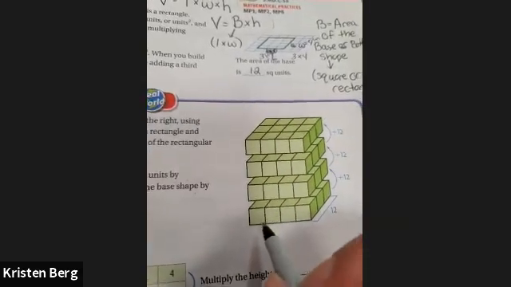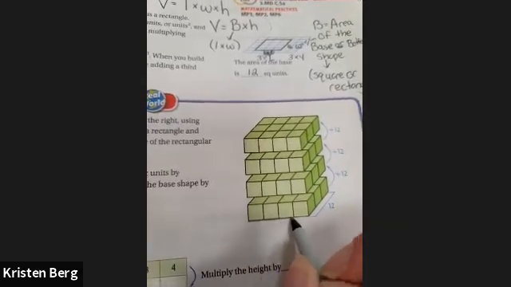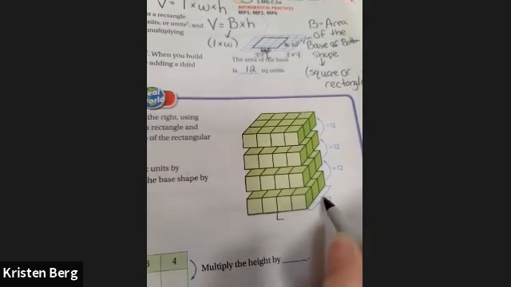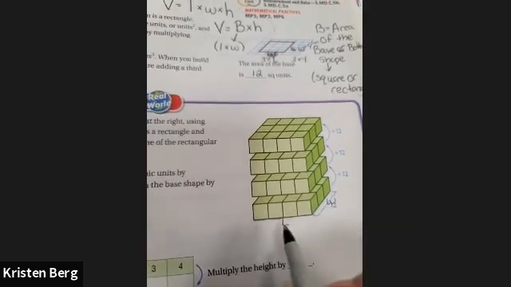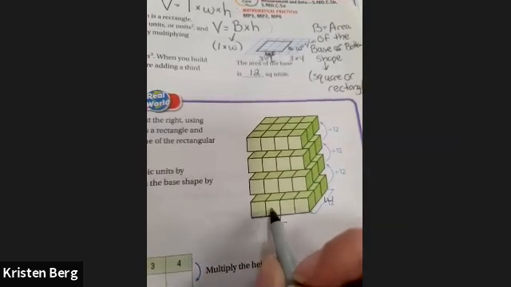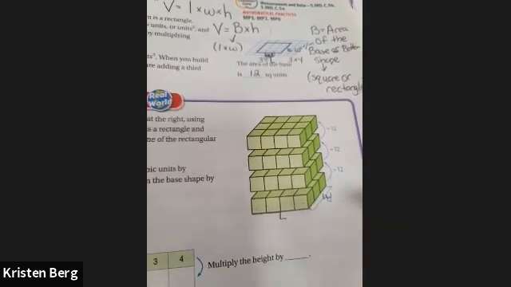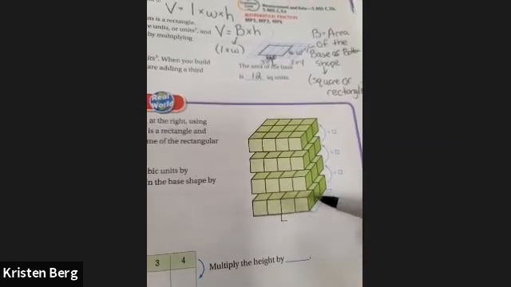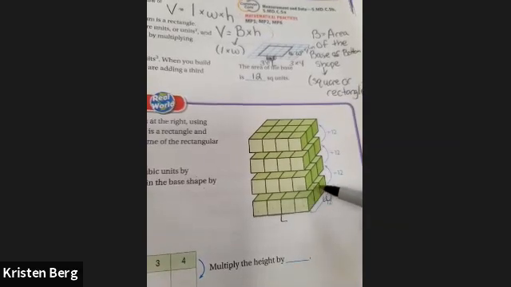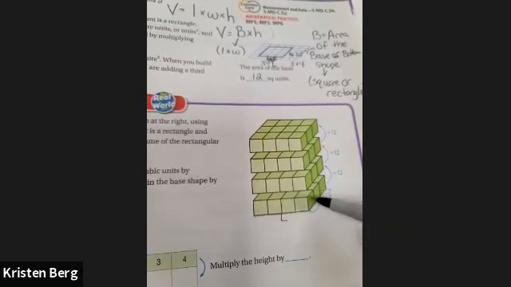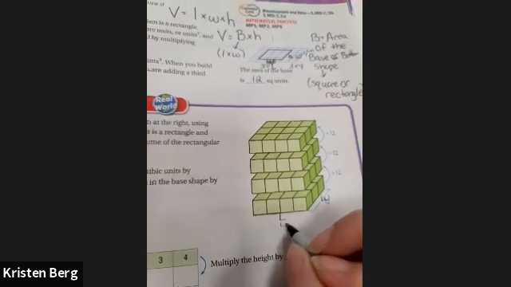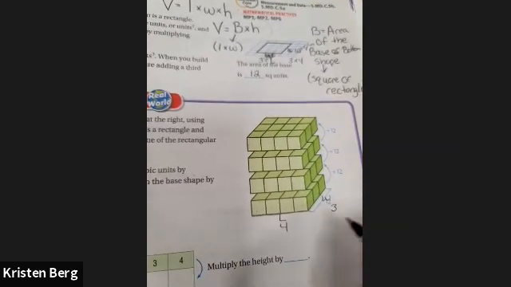So if you look here, this would be your length times your width. If you look here, it would be 1, 2, 3, 4, and then times how many are going this way? There is 1, 2, 3. So this would be 4 times 3. What is 4 times 3?